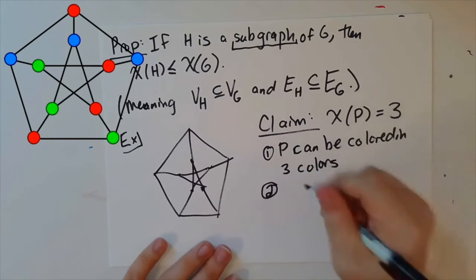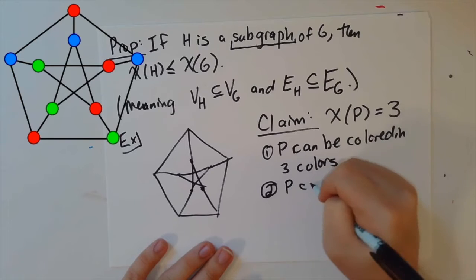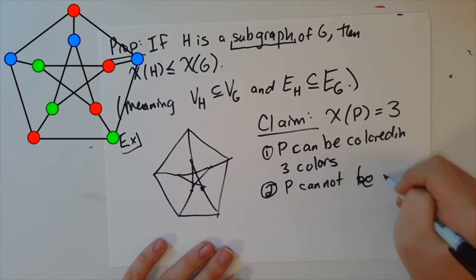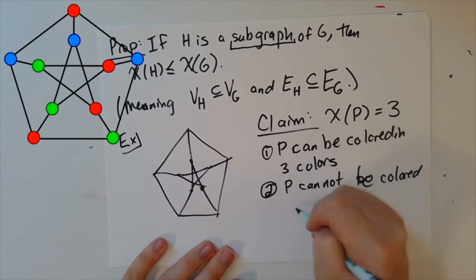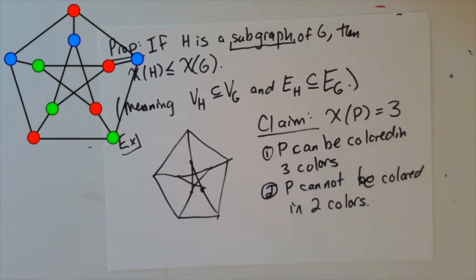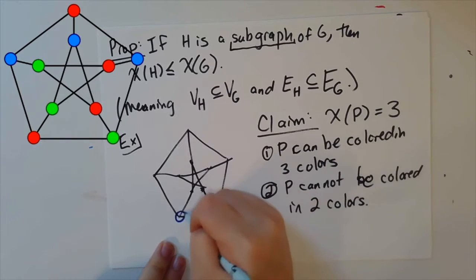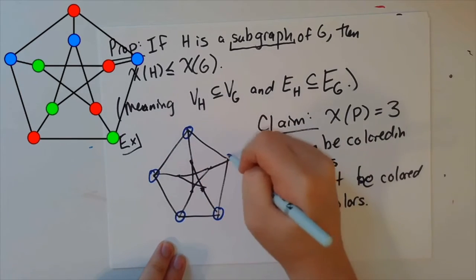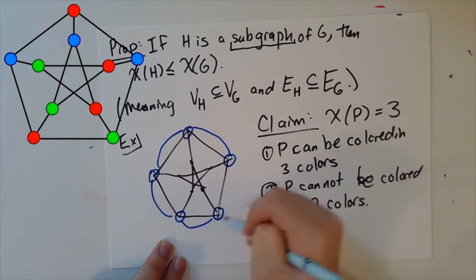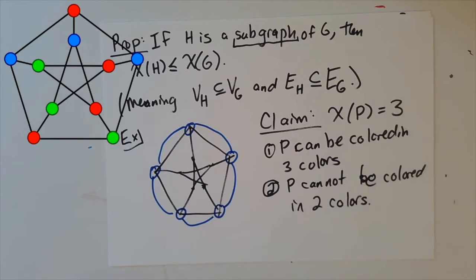Also, I need to prove that P cannot be colored in 2 colors. But here's where I'm going to use this whole idea about a subgraph, because I see that if I take just these 5 vertices and just the edges between those, that's a C5.